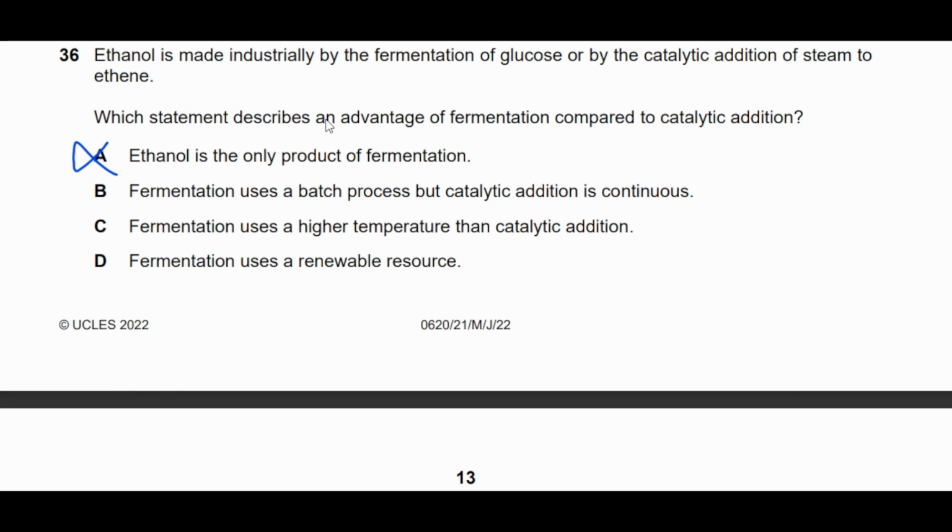That doesn't describe an advantage. So this is not correct. Fermentation uses a higher temperature than catalytic addition. That is not an advantage, that's a disadvantage. So both of these are disadvantages. Fermentation uses a renewable source, that's true. So therefore D is the answer.